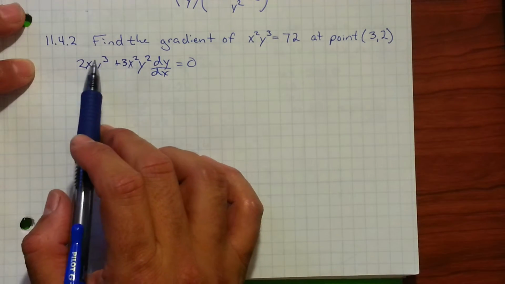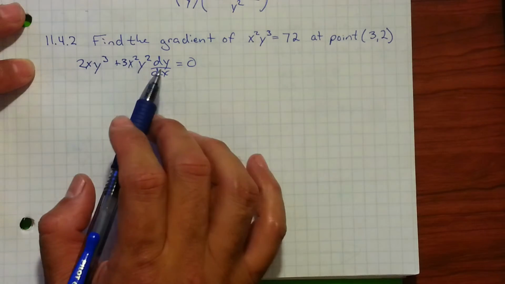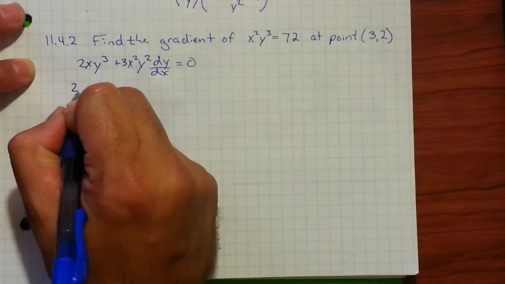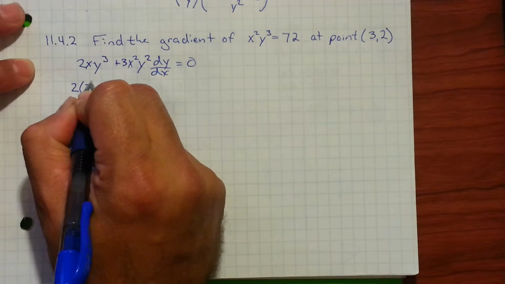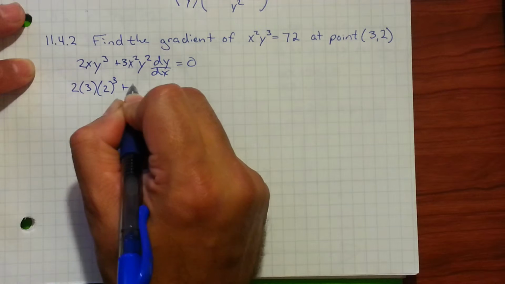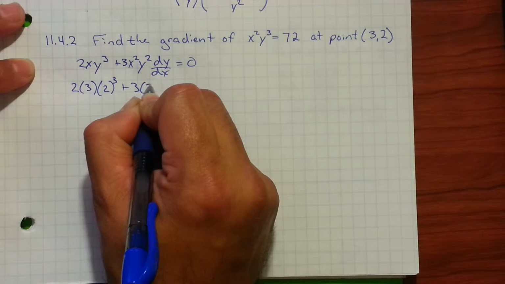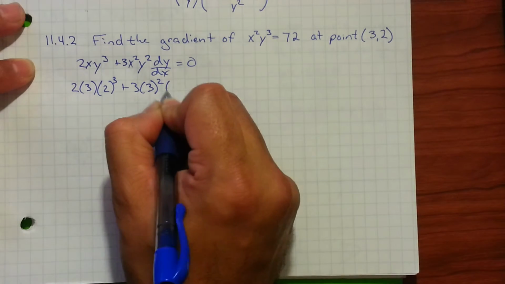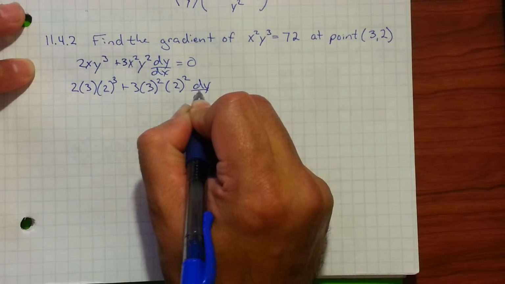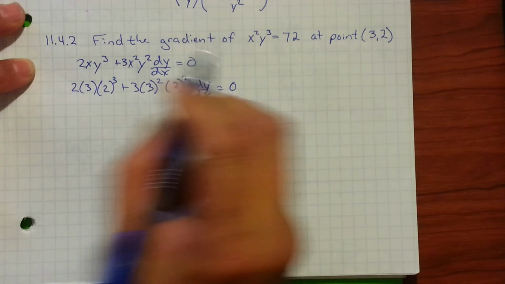Now let's go ahead and plug in here. So if I go ahead and plug in my 3 here, my 2 here, so it's going to be 2 times 3 times 2 cubed, plus 3 times 3 squared times 2 squared, dy/dx equals 0.